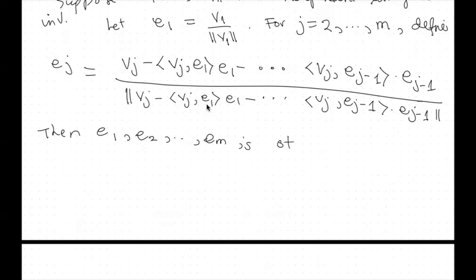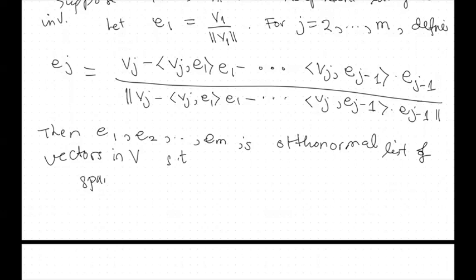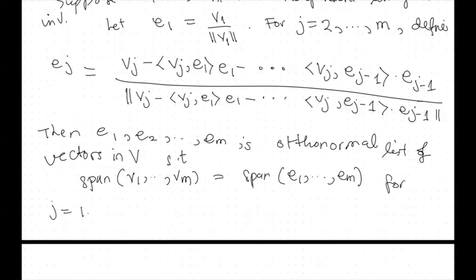Here we have an orthonormal list of vectors in our vector space V, such that the span of v1 to vm is equal to the span of the obtained orthonormal list e1 to em, for our inductive variable j from 1 to m.